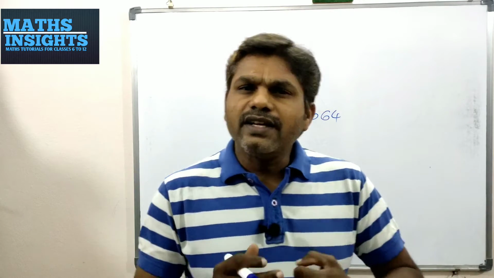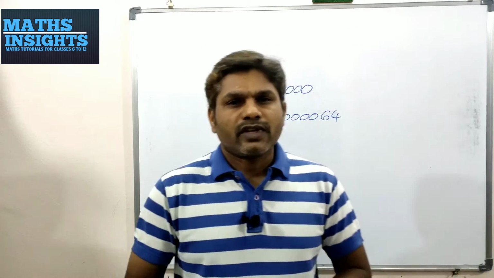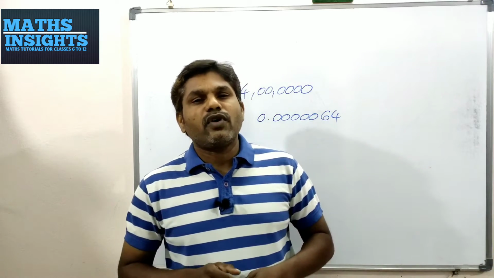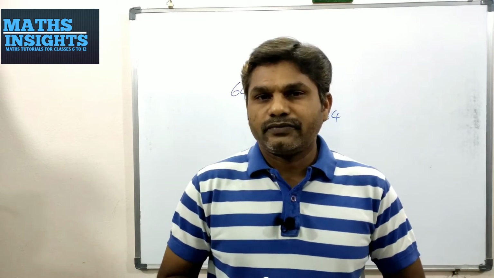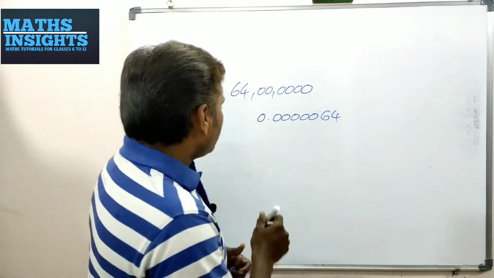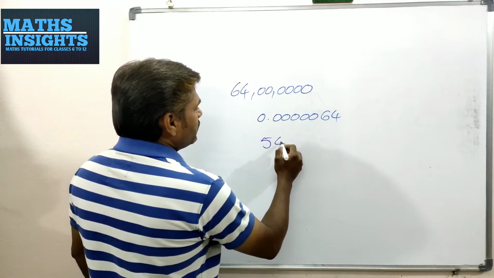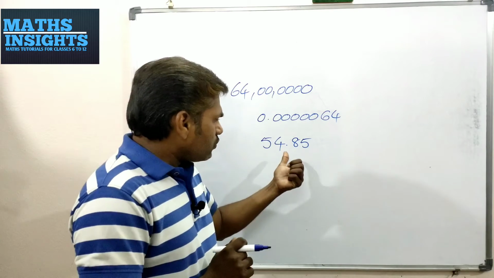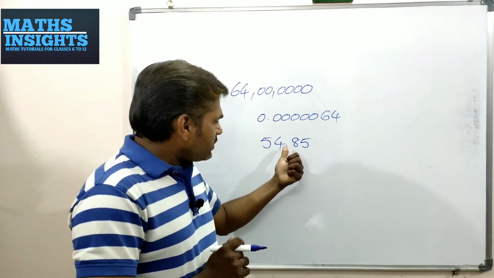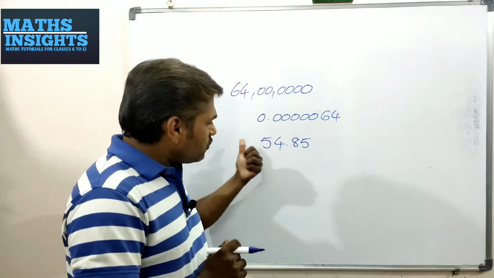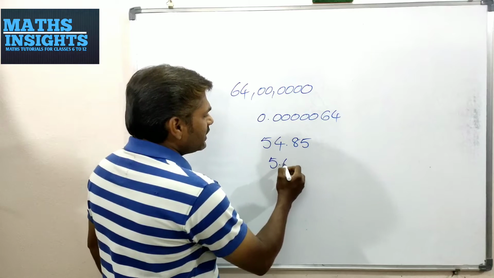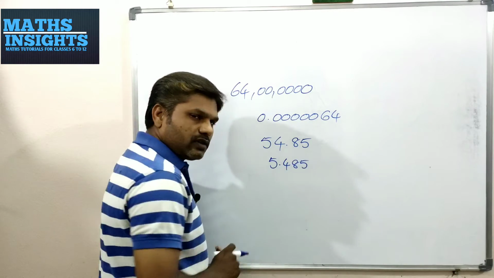To discuss scientific notation in detail, you have to know how to handle the decimal point in a decimal number. Suppose I am taking the number 54.85. If I move this decimal point by one place towards the left side, I am decreasing the value of this number.